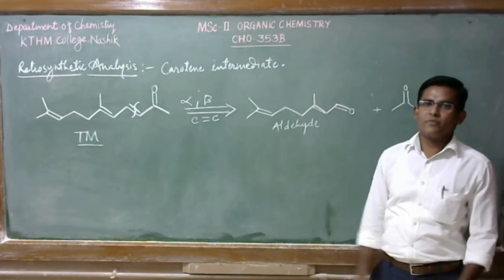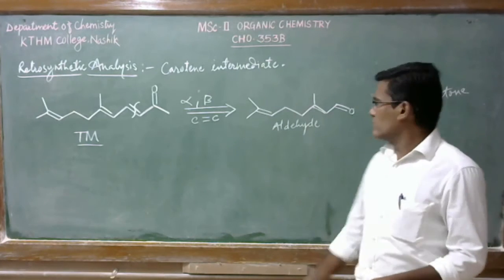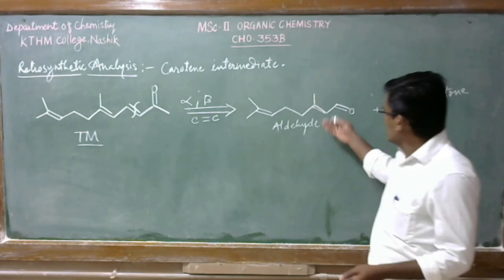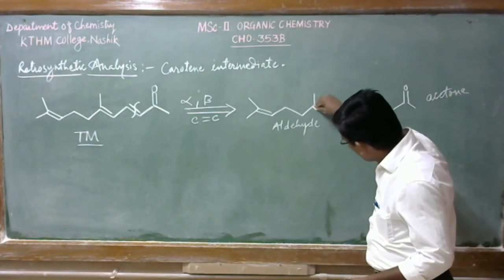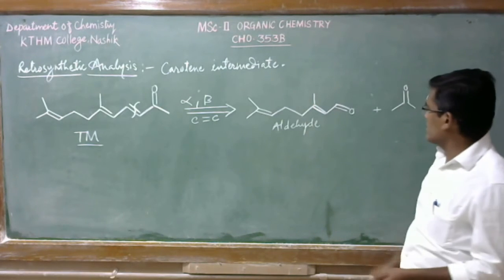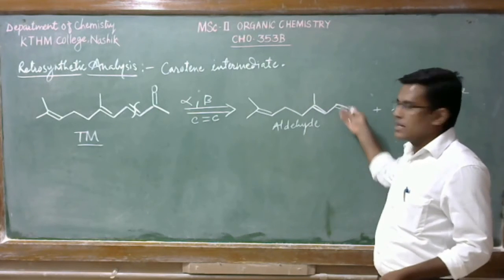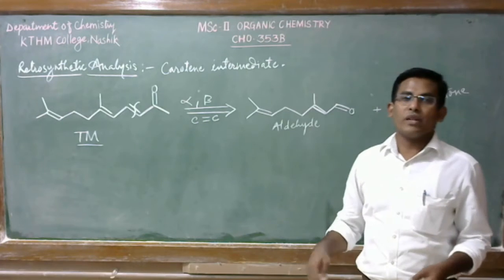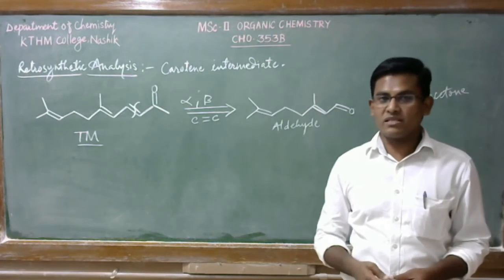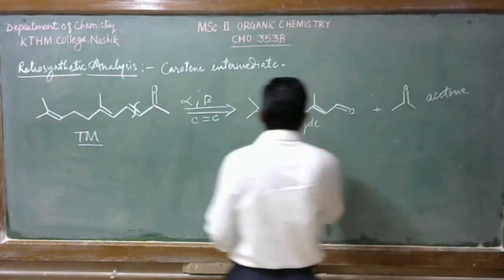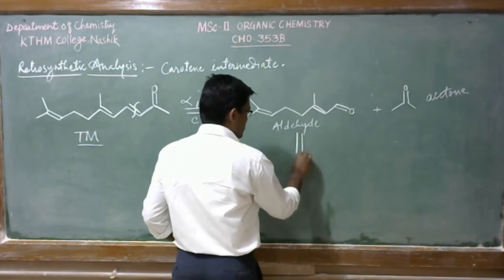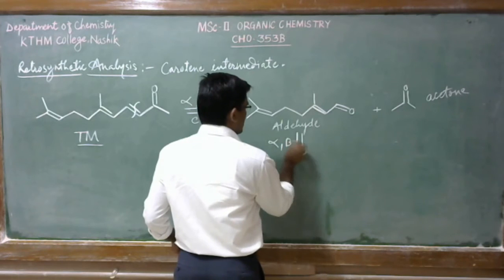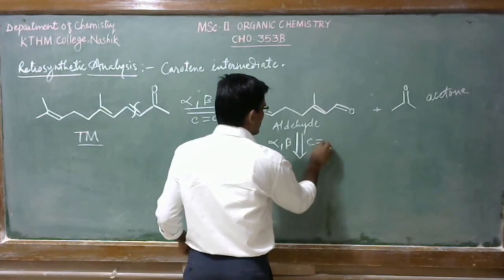So when you cleave this carbon-carbon double bond, we could get these two chemical equivalents. Again, in this chemical equivalent, it has the alpha beta unsaturated carbonyl compound. So we can go for another carbon-carbon disconnection. Alright. So let us put this retrosynthetic arrow once again, and disconnect this alpha beta carbon-carbon double bond.